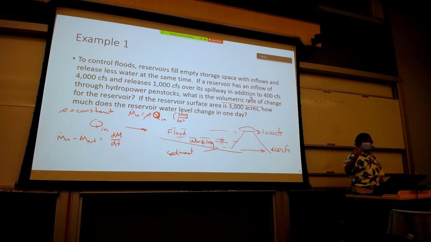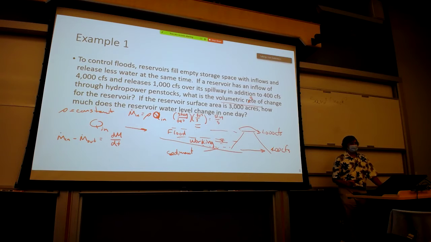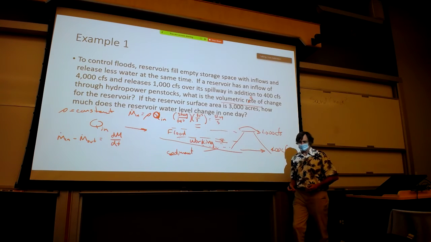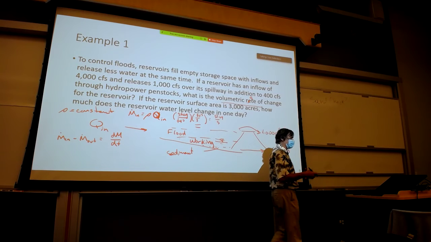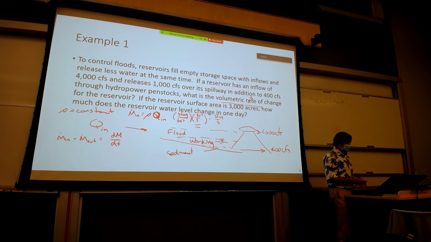That's density is mass per unit volume. And volumetric discharge is volume, say cubic feet per second. So a mass rate would have the dimensions of slug per second, whereas a volumetric rate would have the dimensions of volume per second. So in lab 2, you are calculating volumetric discharge in gallons per minute, cubic feet per second.